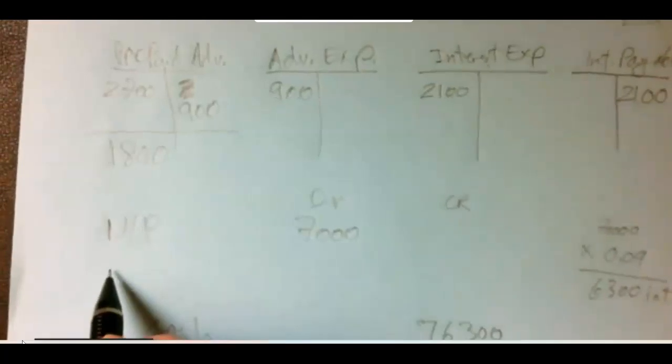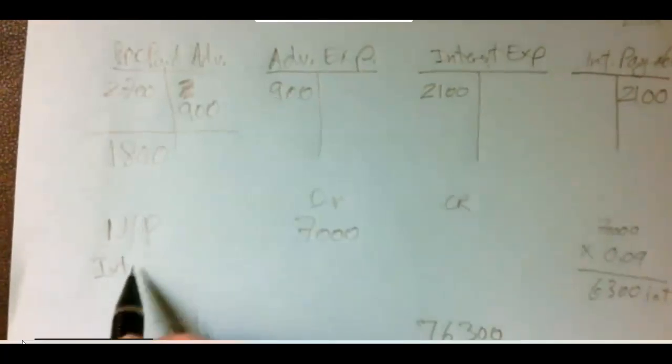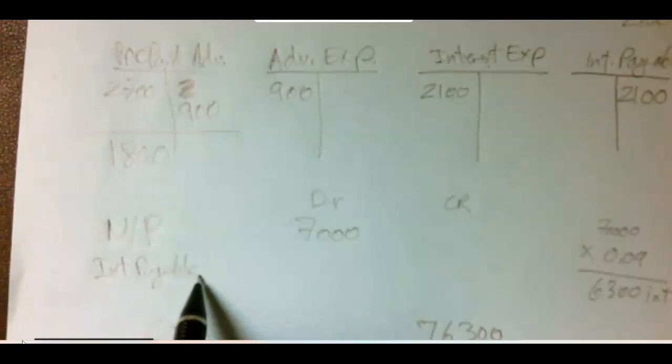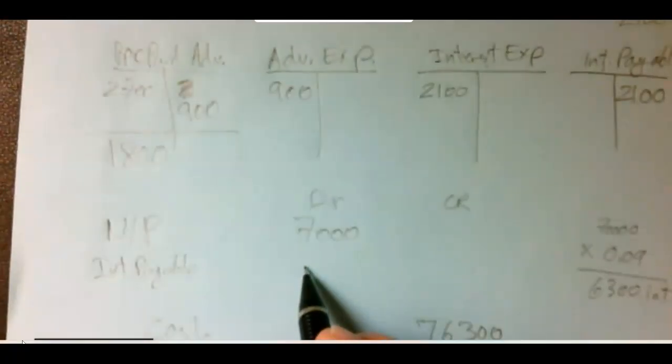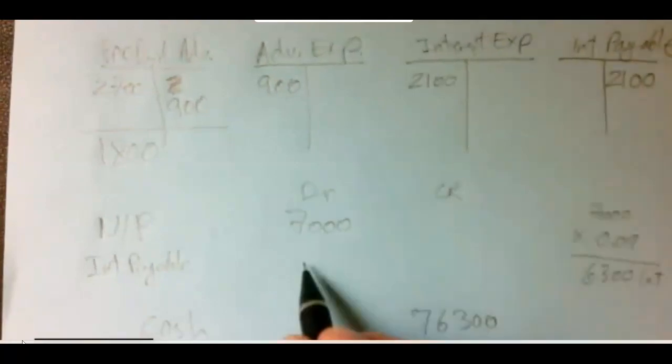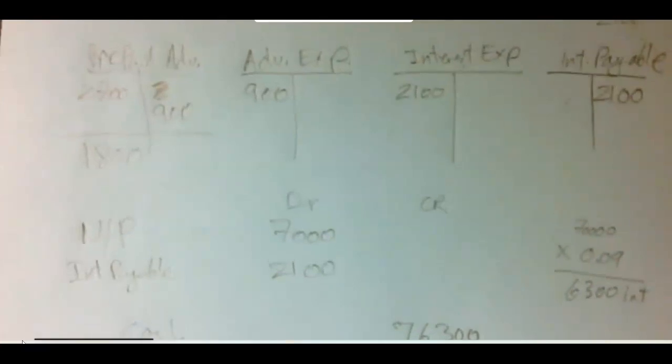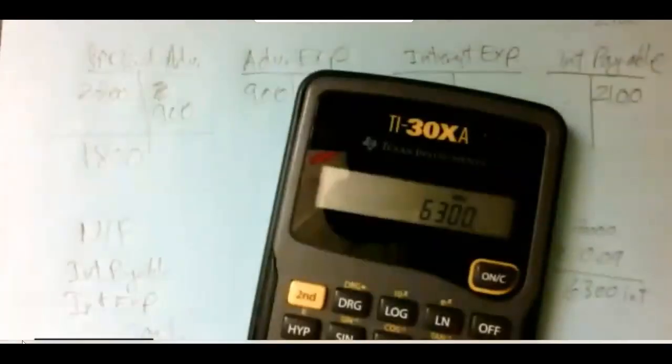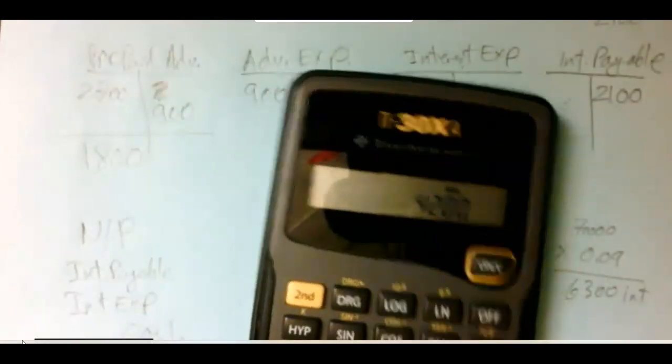So you need to close that. So interest payable will be closed for that payment of that loan. And that's $2,100. You need to do a debit to close it. The remainder is the interest expense, which will be 6,300 minus 2,100. That's for 8 months of interest, which is $4,200.